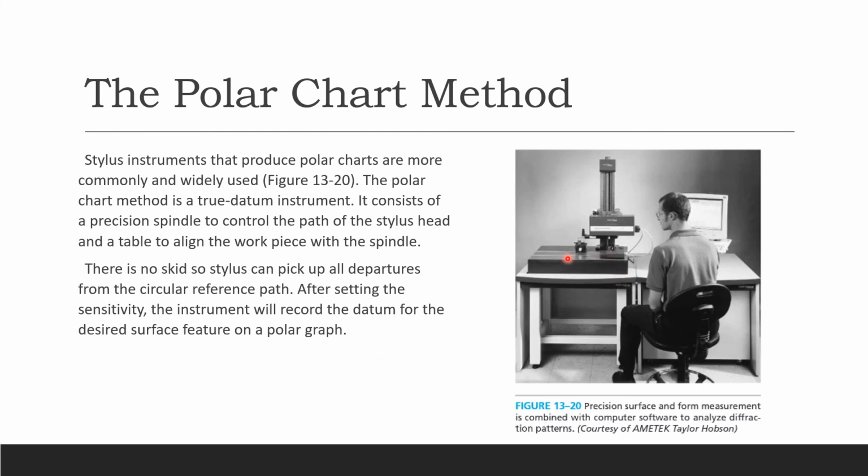Here you can definitely see the table and the spindle to control that stylus. There's no skid, so the stylus can pick up all departures from the circular reference part. After setting the sensitivity, the instrument will record the datum for the desired surface feature on a polar graph.